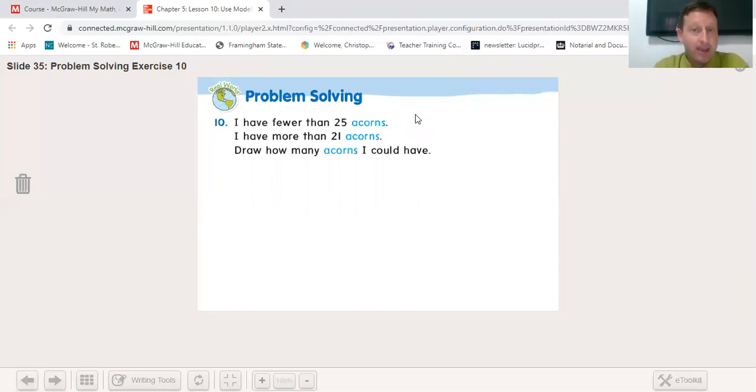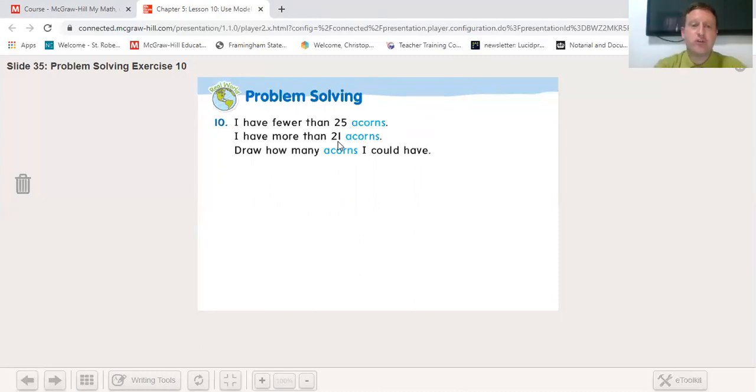You need to think of a number that is less than 25, so count down, and the number has to be more than 21. So it can be any number between 21 and 25, but it cannot be 21 or 25.